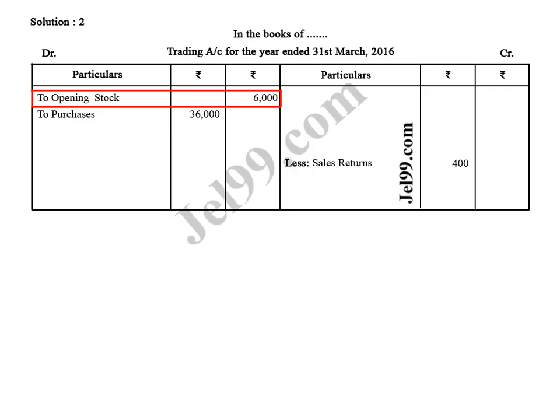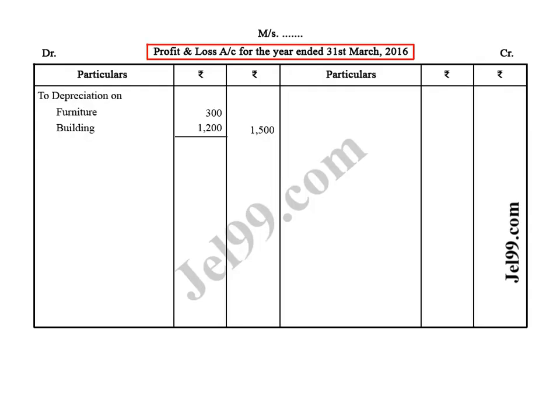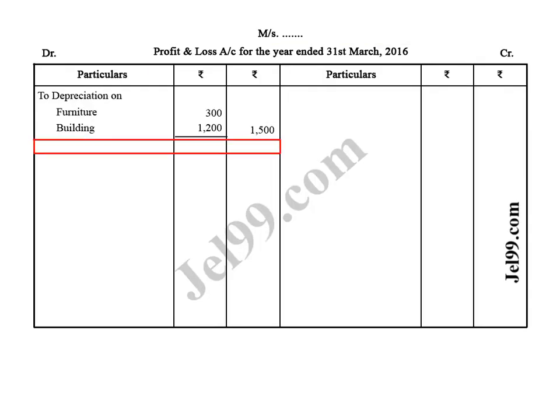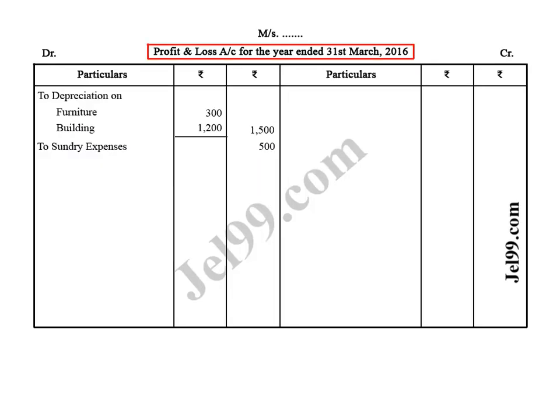Then sundry expenses of rupees 500, this is shown in profit and loss account. Debit side, to sundry expenses of rupees 500. Then rent rates and taxes of rupees 250, this is shown in profit and loss account.